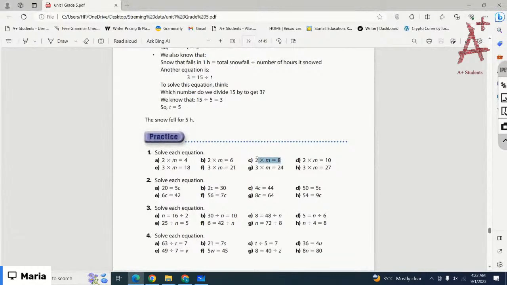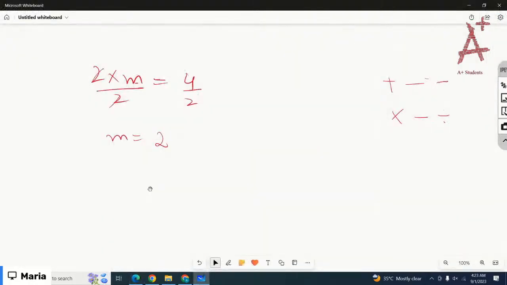Let's just do the c part. 2 times m equals 8, because they are exactly the same, right? So I'm going to skip some of them. 2 times m equals 8. So you have to do the same thing. 2 is multiplying m, so opposite to multiplication is division.